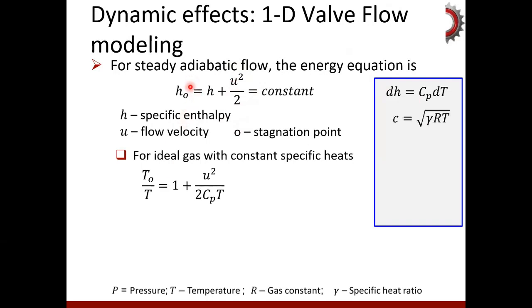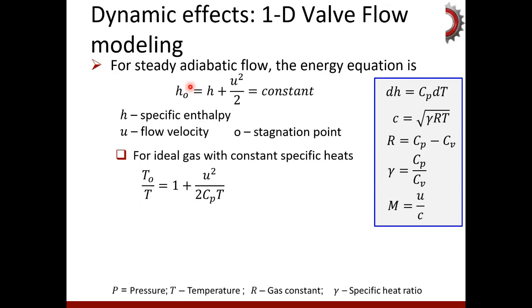And then we know that for an ideal gas, the speed of sound C is the square root of gamma RT. And the gas constant R is Cp minus Cv. And gamma, the specific heat ratio, is Cp over Cv.